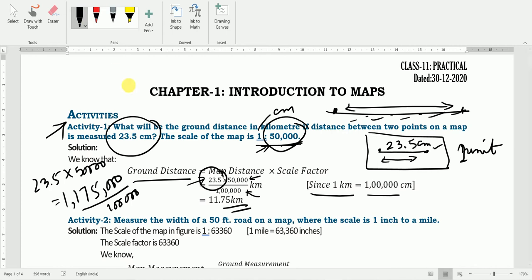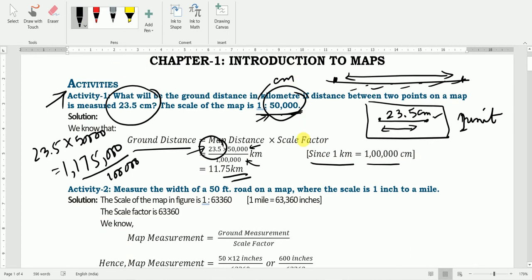Are you clear? Any question? Remember, to find out ground distance, we have to multiply the map distance by scale factor. And here in this case, the map distance is 23.5.